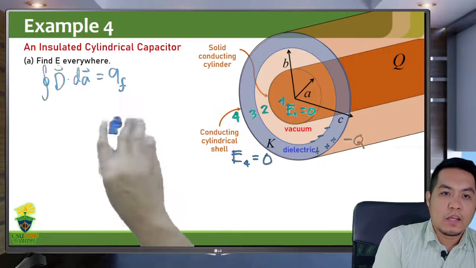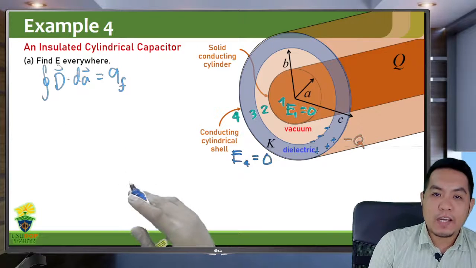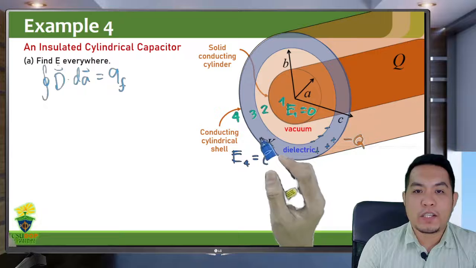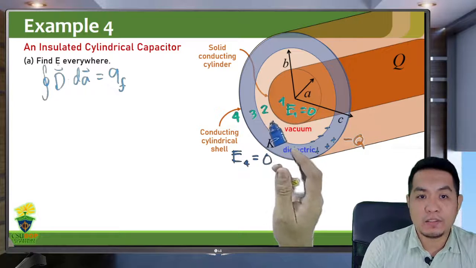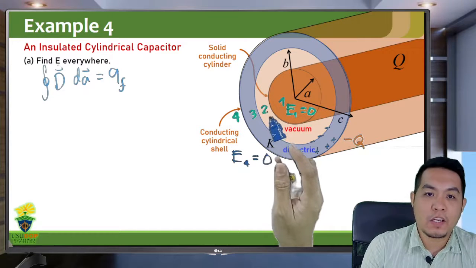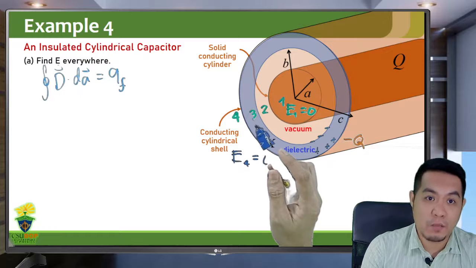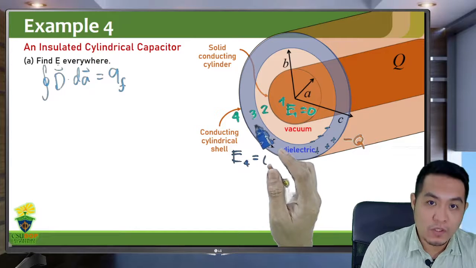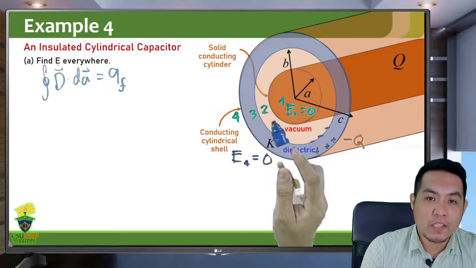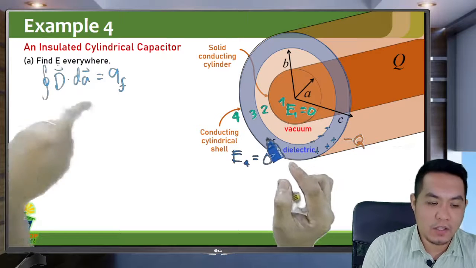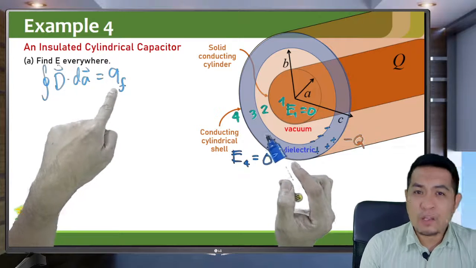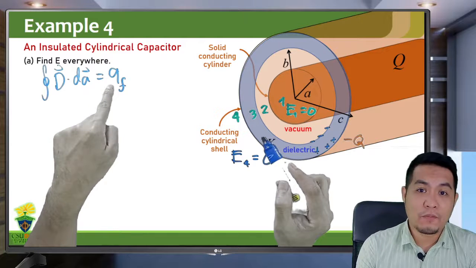So the dielectric or electric displacement is actually similar. The form of the electric displacement for region 2 and region 3 are similar because if you make a Gaussian surface in region 2 and in region 3, they will have the same free charges.